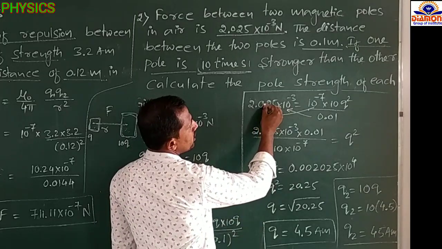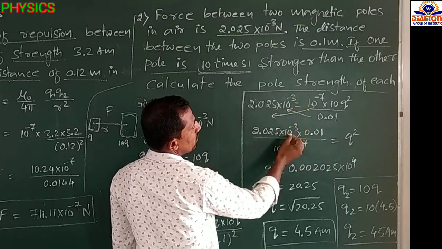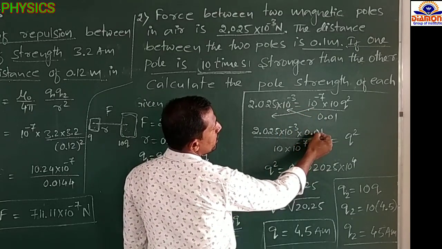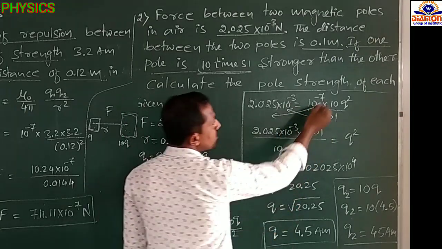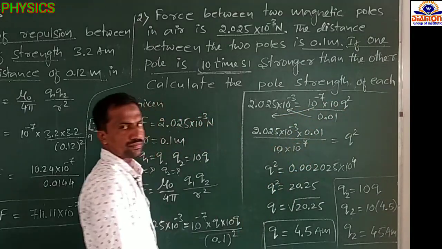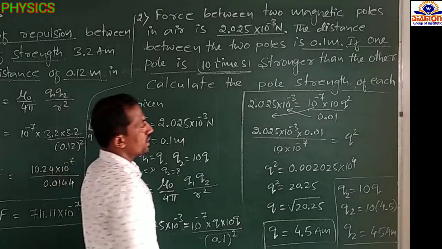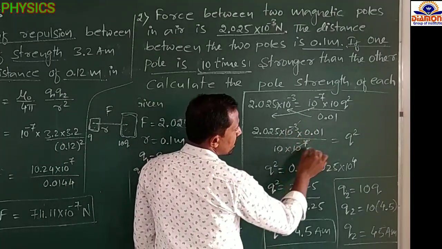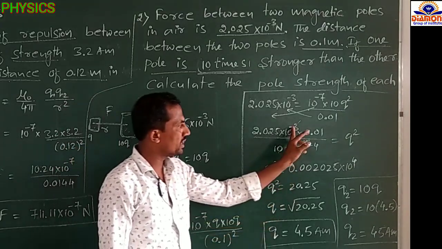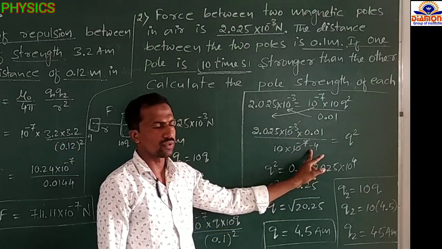Then 2.025 × 10 to the power of minus 3 comes up on top, and 0.01 goes to the denominator with 10 into 10 to the power of minus 7. Minus 3 minus 7 is minus 10, so when the 10 to the power of minus 7 moves up, the powers combine.